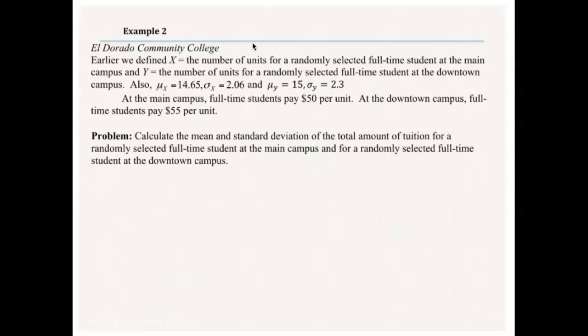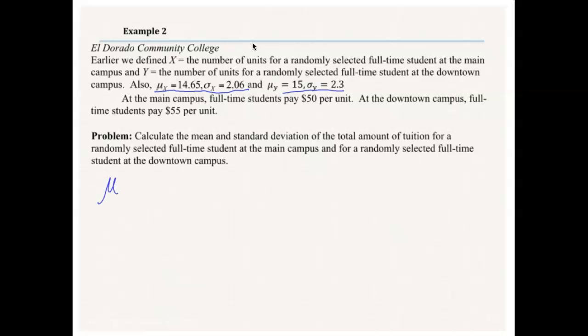Well, first, these are the summary statistics for the units. So the first thing we have to do is compute their tuitions, right? So it's $50 at Main and $55 at downtown. So the first thing I want to do is compute those.